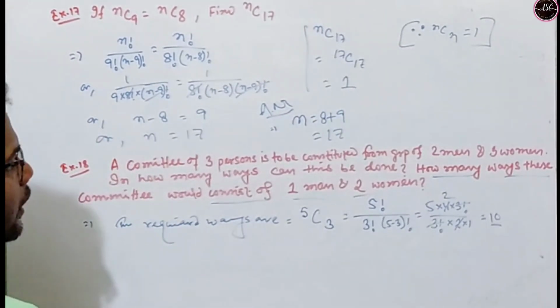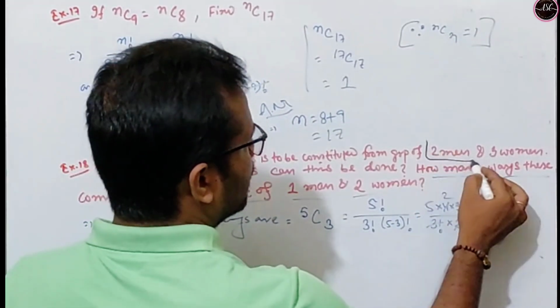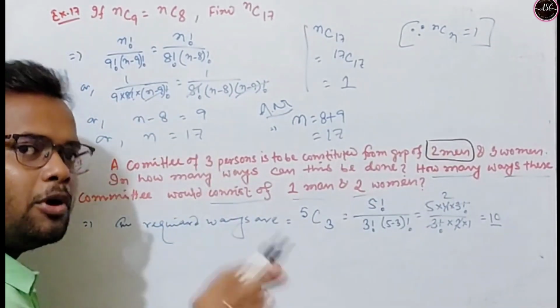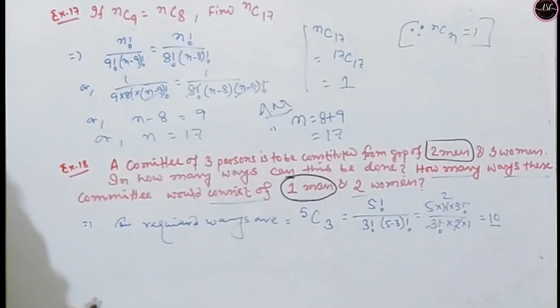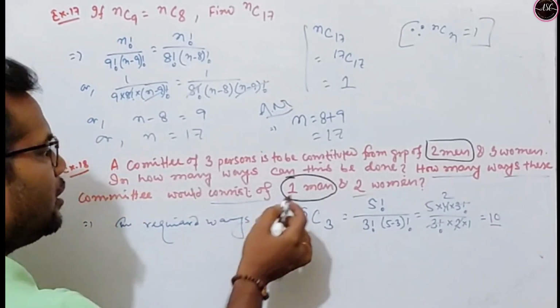Okay, and for the second, here we have 2 men among 5. Among the 2 men, 1 man should be selected.